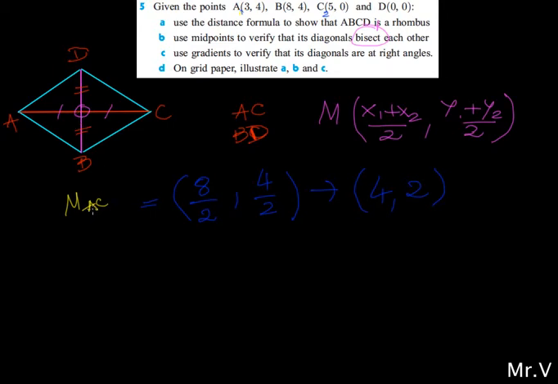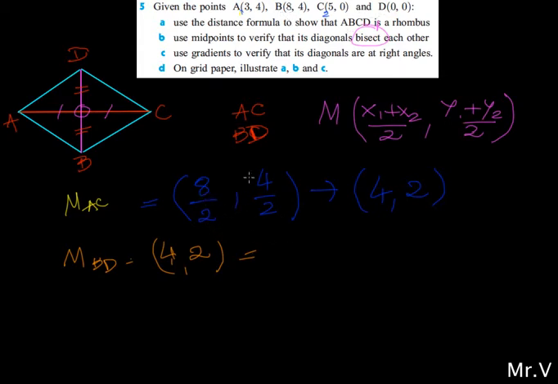So using the concept that we just learned, my midpoint of the diagonal BD should be the same. It should be 4 and 2. If it's not, this is not a rhombus. So let's check out. So x1, here we have B and D, that's 8. 8 over 2.